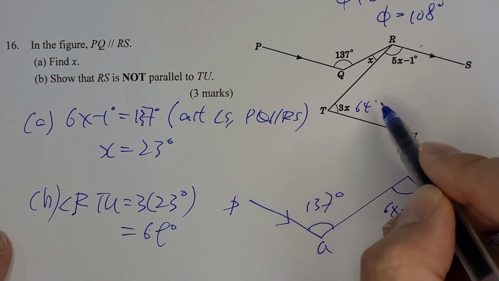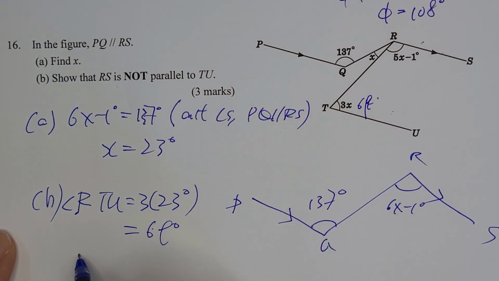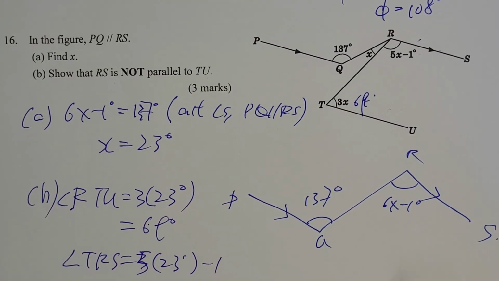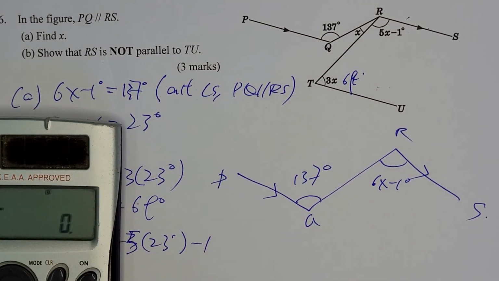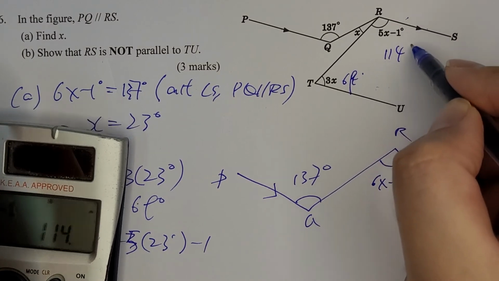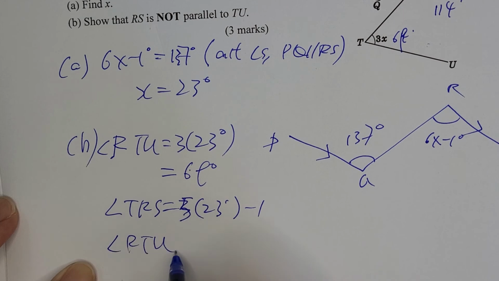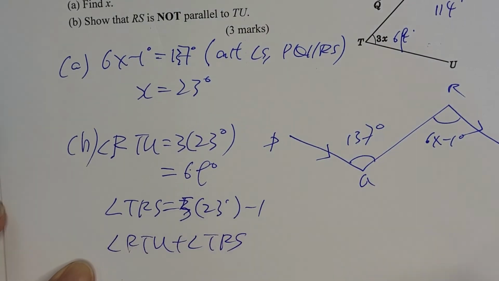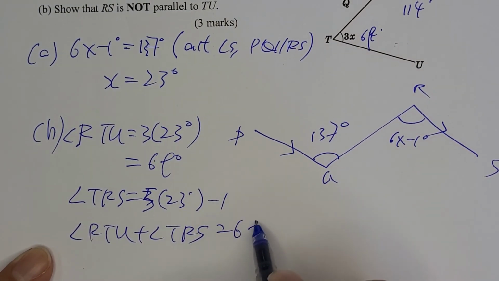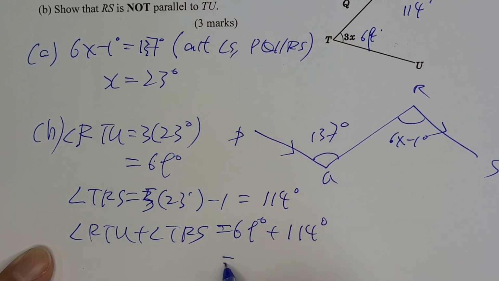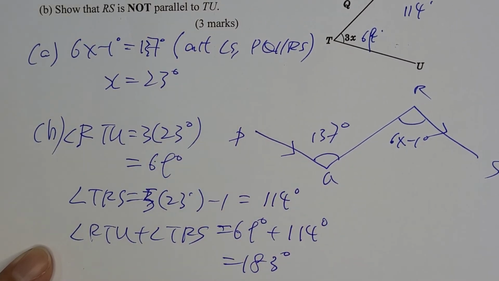And angle TRS, that is 5 times 23 degree minus 1, 114 degree. When you add them together, angle RTU plus angle TRS would equal 69 degree plus 114 degree. That is 183 degree.